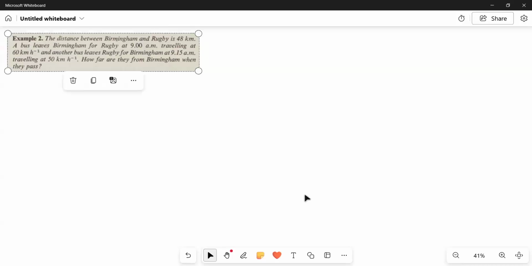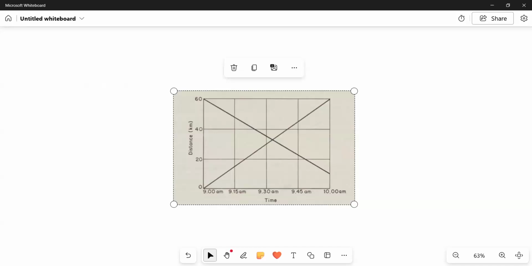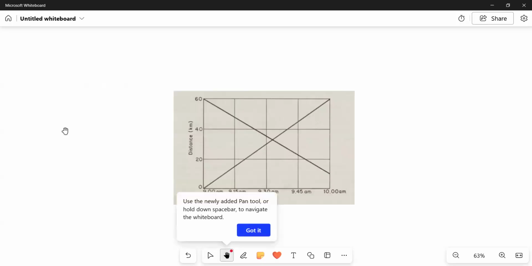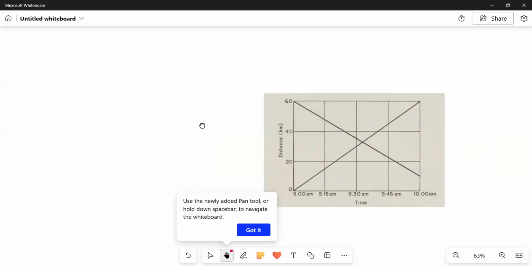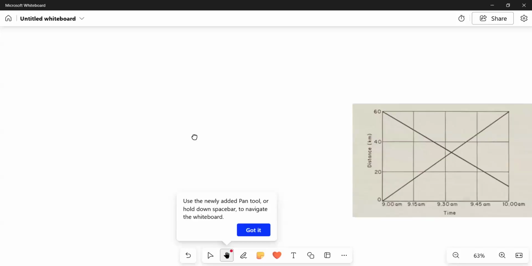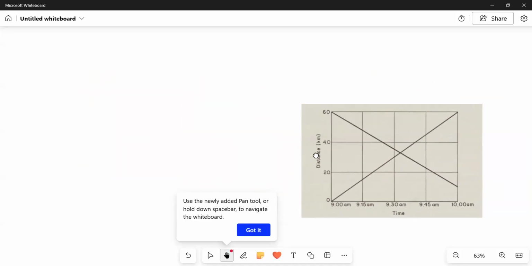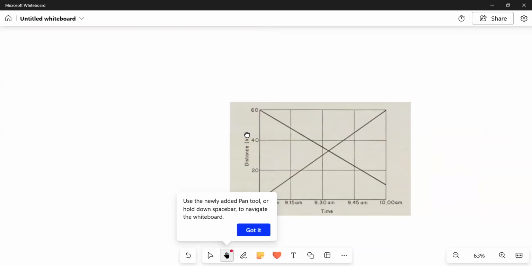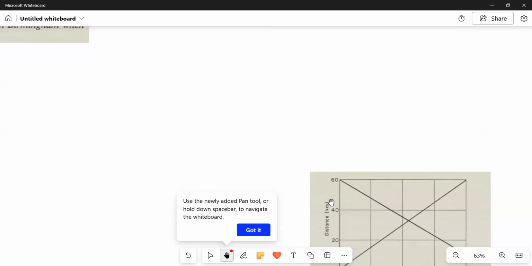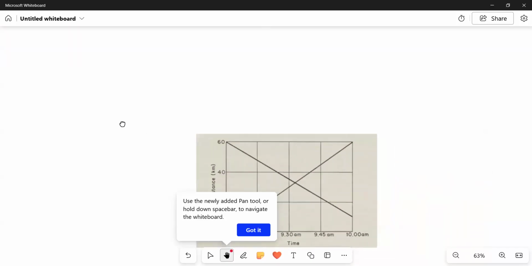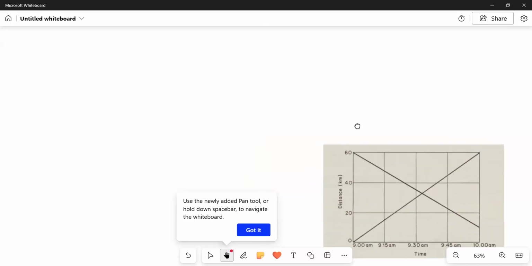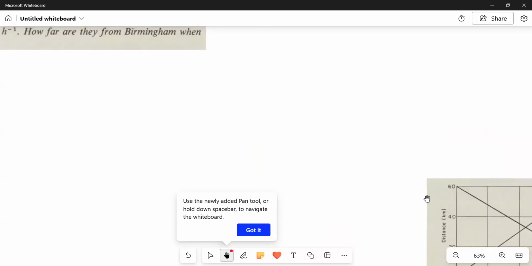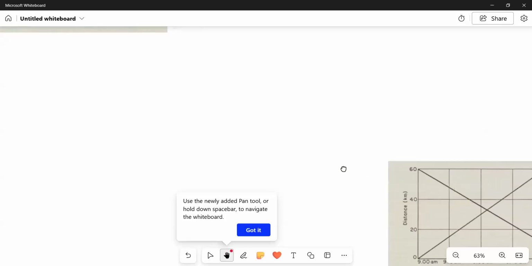What's going on here? Control V. Oh, that's it. All right. Oh, the whole thing is moving.